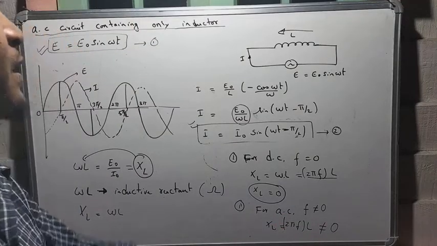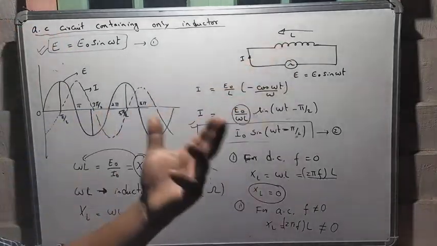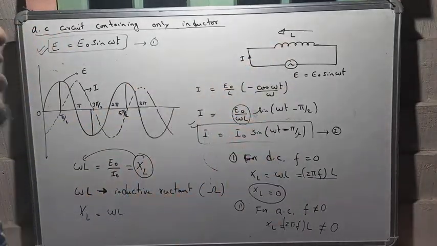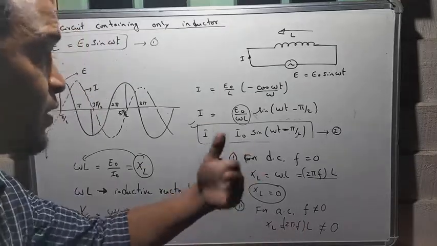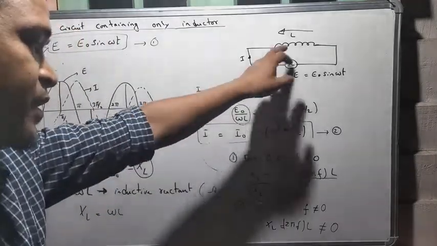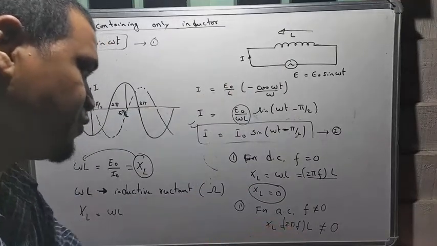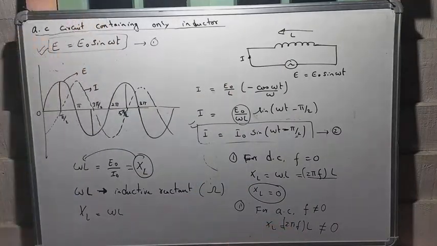It means that this inductor will always offer resistance to the AC current. So the greater the frequency, the greater will be the resistance which is offered by the inductor. The lower the frequency, the lower will be the inductive reactance in this case.